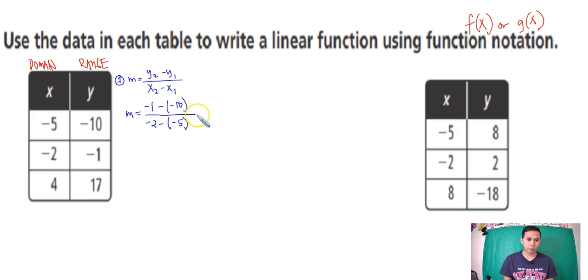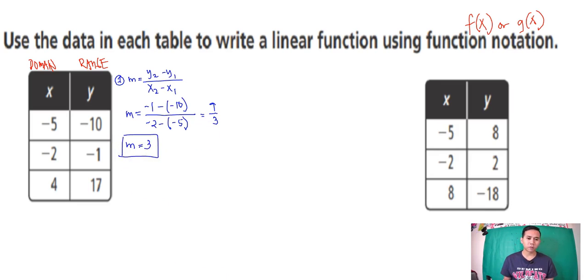I'll just simplify this further. That will give me -1 plus 10, that is 9, right? Over 5 minus 2, it's 3. So my slope here would be 3. So that was my slope.